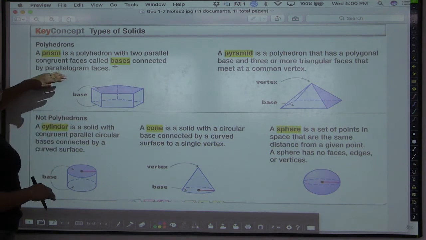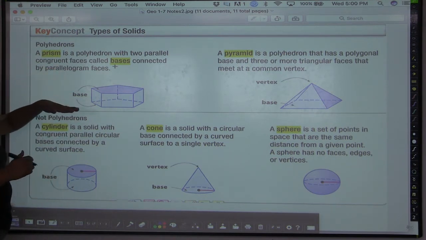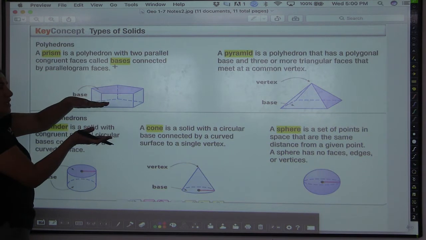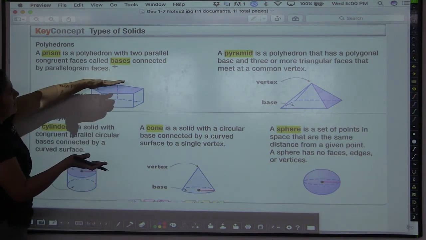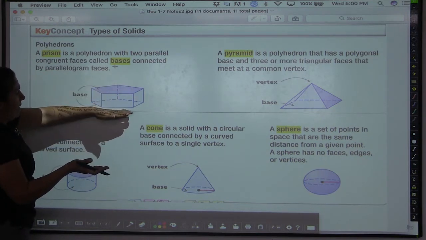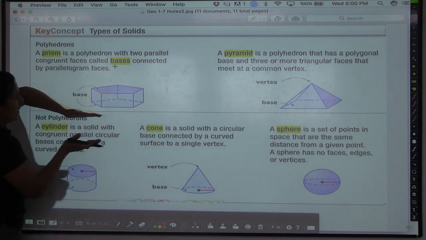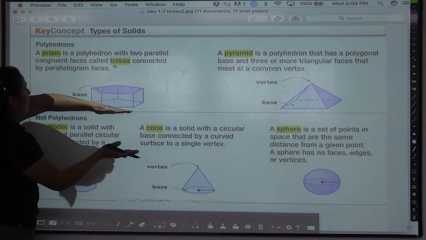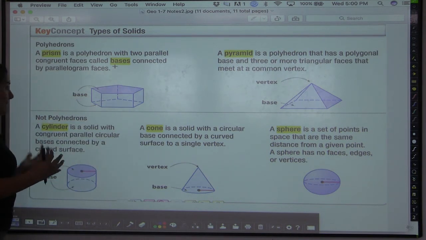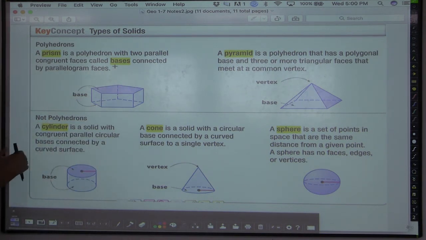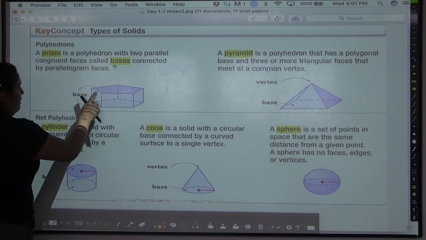So we're saying that there are two parallel faces. You know what parallel means. It means that they're never going to touch. So the top of this prism and the bottom face of the prism are going to be parallel, so they're never going to be touching. So those two parallel congruent faces are called bases. And then those bases are all connected. So here's the connections.